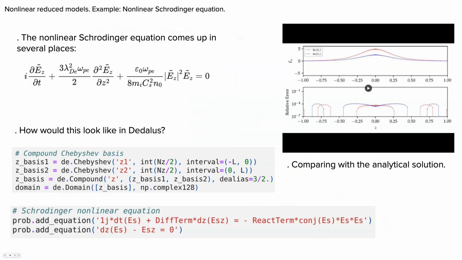And one toy model for this is the nonlinear Schrödinger equation. The nonlinear Schrödinger equation comes up in several places. I'm not going to go into that right now. But I like this example because it's a complex partial differential equation, and also because it's a good example to show how the bases can be combined.